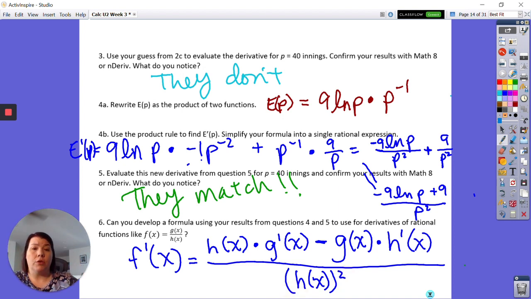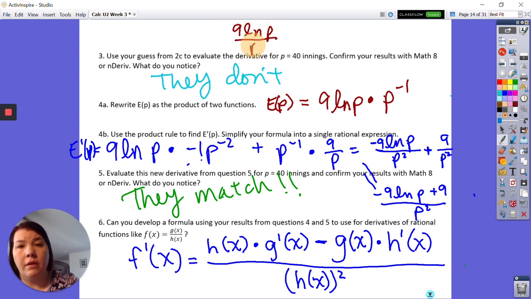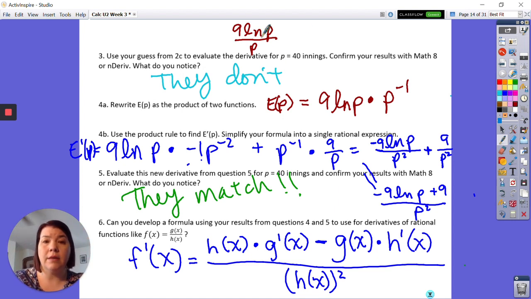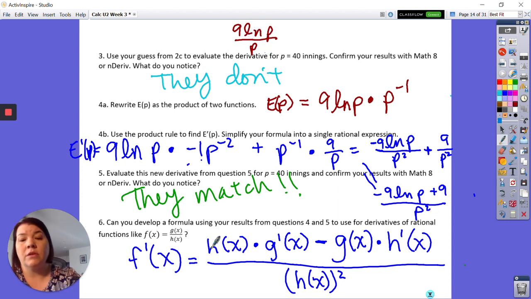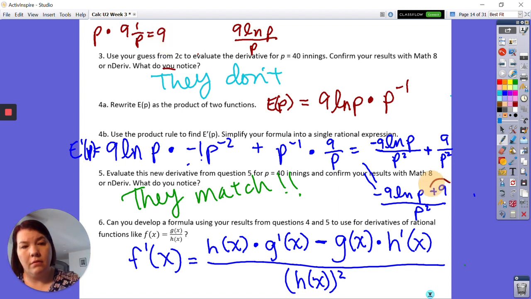Okay, so let's go back and look at this for just a minute. I'm going to write my original equation down here. I had 9 ln p over p. That was my original equation. So looking at this, the denominator p times the derivative of the numerator, which is 9 over p, which simplifies to 9. So that's right here.